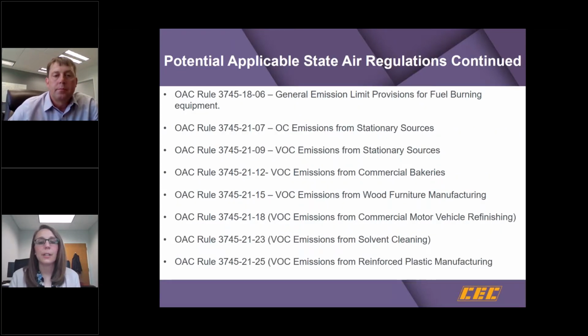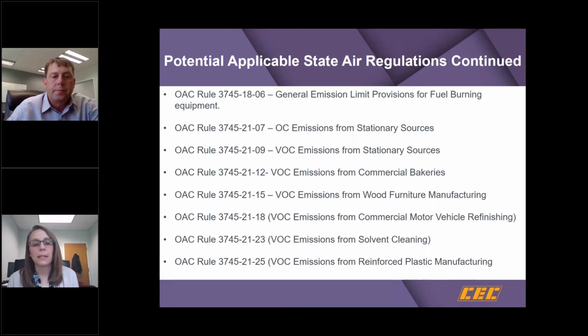These are some other rules that could potentially apply to sources. So 1806 gives limits for fuel burning equipment. And then when you get into OAC Rule 3745-21, we're looking at organic compound emissions and volatile organic compound emissions.